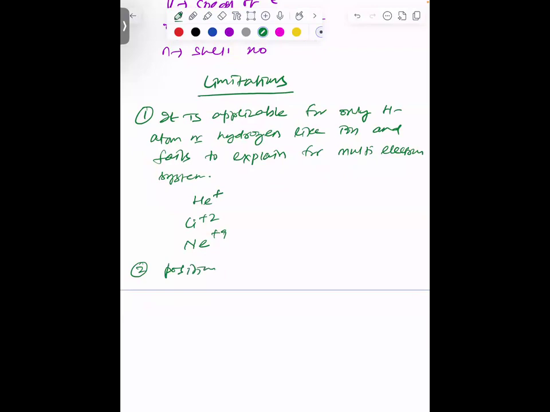So we can measure the position and momentum of an electron simultaneously and accurately. According to this, electrons are revolving in a particular cell with constant speed, so position and momentum can be measured simultaneously and accurately.